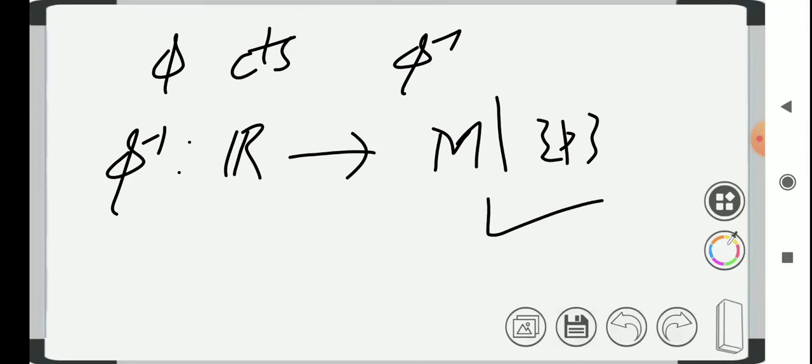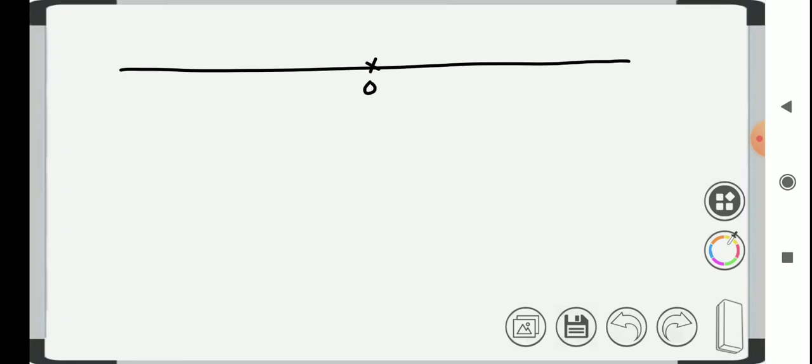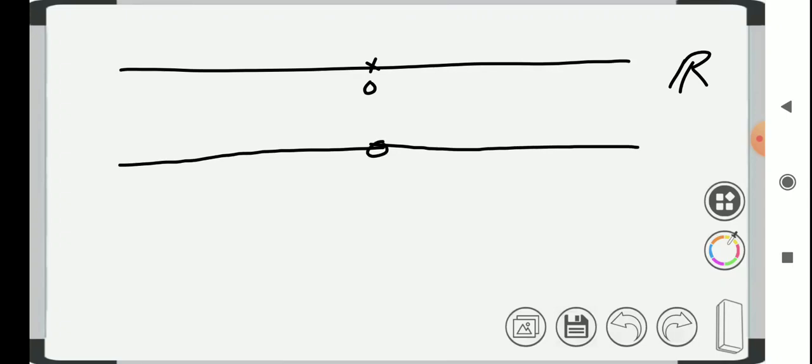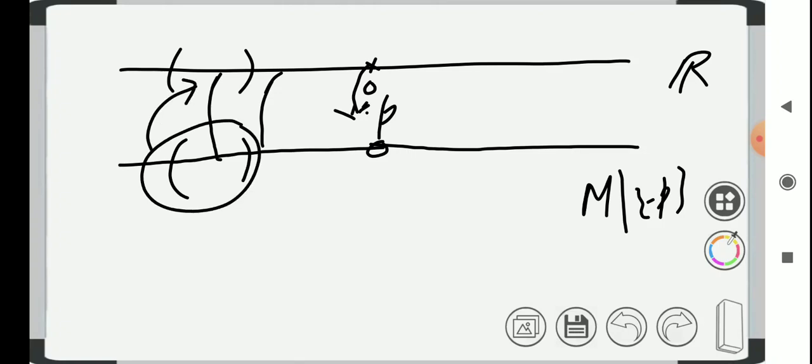So we have to prove that every open set here has an inverse image which is open in R. This is simply R with the usual topology, and this is our set M minus P. By the inverse mapping, every point will get mapped to itself and 0 will get mapped to simply P. Now we have to show that inverse images of the open sets are open in R. If you choose any open set here, it will simply get mapped to here, which is clearly open in R.